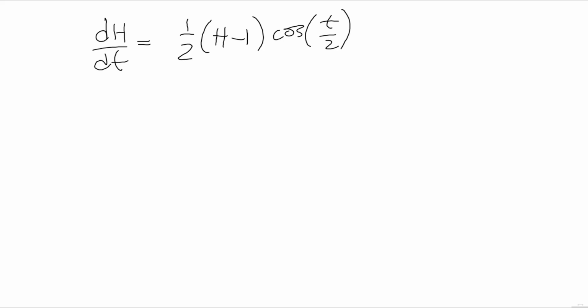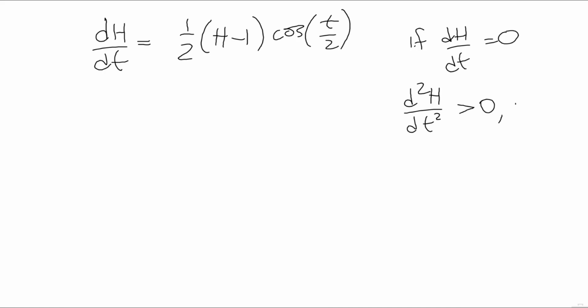And we have this thing called the second derivative test. The second derivative test says that at a place where the first derivative is equal to 0 and the second derivative is positive, then we have a relative min.